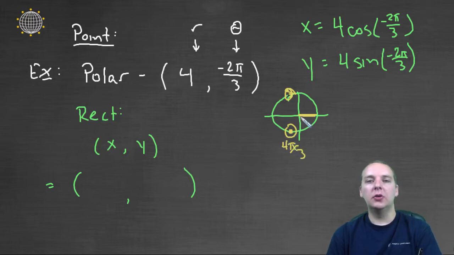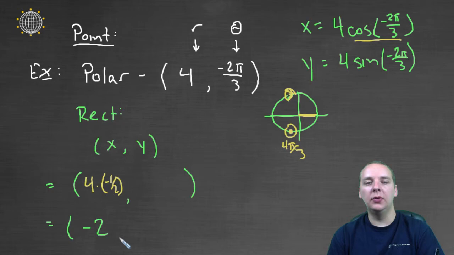So on your unit circle, what is cosine of negative 2 pi over 3? Or in other words, what's the cosine of 4 pi over 3? Well, hopefully you said negative 1/2. And 4 times negative 1/2 would give you an x coordinate of negative 2.